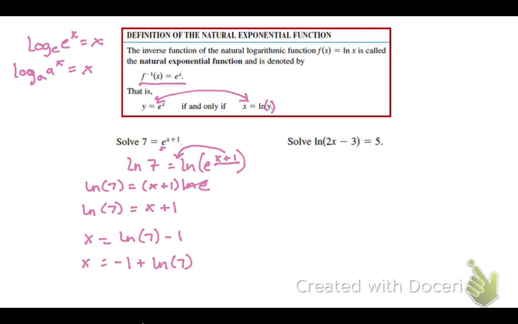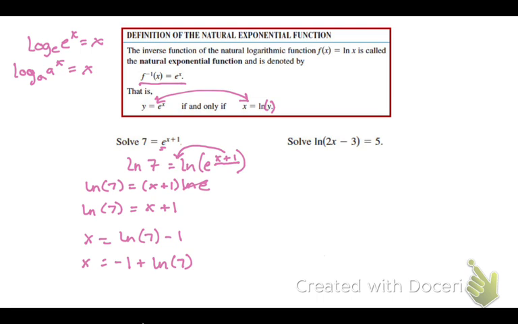I don't care, and it's not a very big deal as long as you're putting parentheses around the 7. If you don't put parentheses around the 7, you're not quite sure what you're taking the natural log of, correct? Your book won't put parentheses around those all the time, and so we've learned that it's important for us to put them there so we know what is connected to the natural log and what is not.